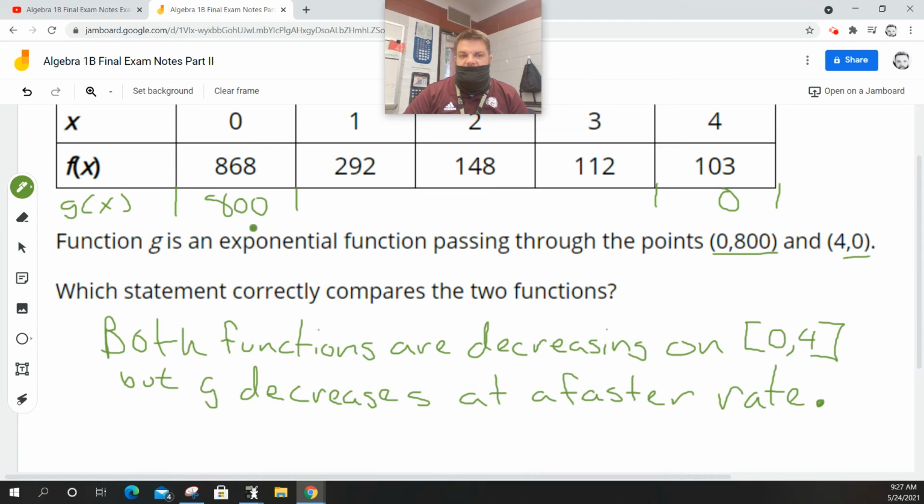Well, because even though this one starts at 868, by the time x equals 4, in other words, f of x decreases probably about 740 units, roughly, if I had to approximate, where g of x decreases 800 units. It goes from 800 to 0, so it decreases at a faster rate. It decreases more in that interval. And that's basically it for that one.